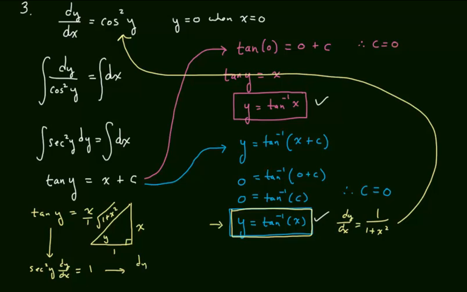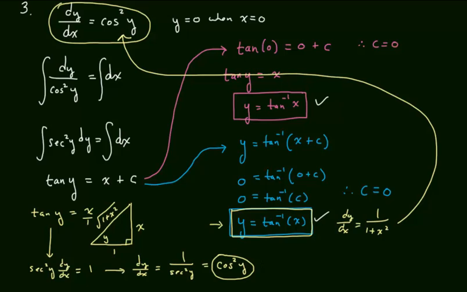From there, we said that dy/dx was equal to 1 over the secant squared of y. And then we also said, well, 1 over secant squared of y is the same thing as cosine squared of y. So there we have it. dy/dx is equal to the cosine squared of y.